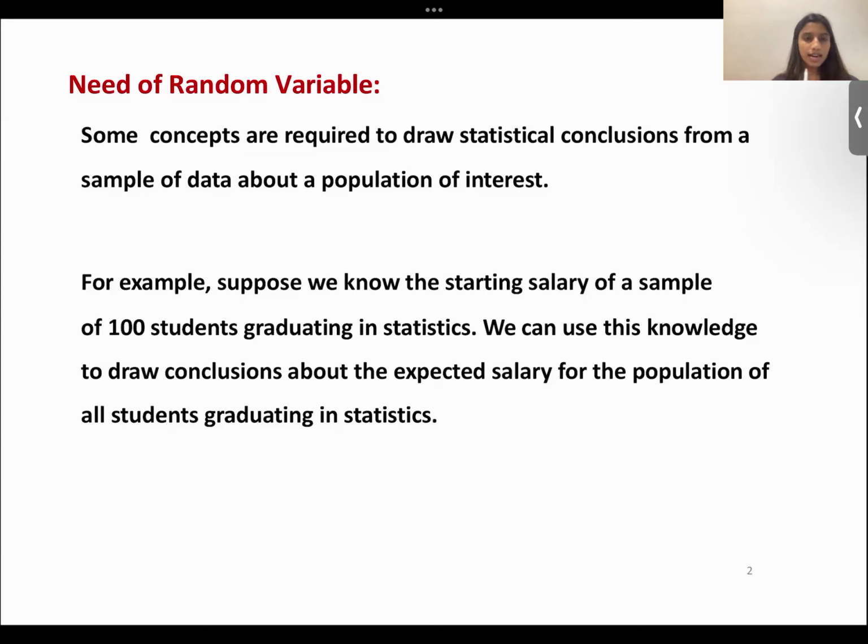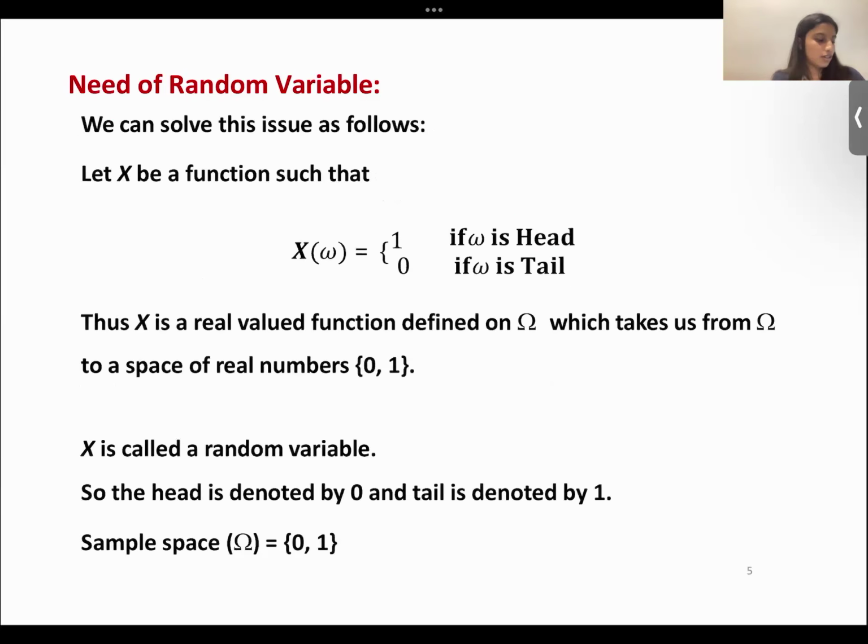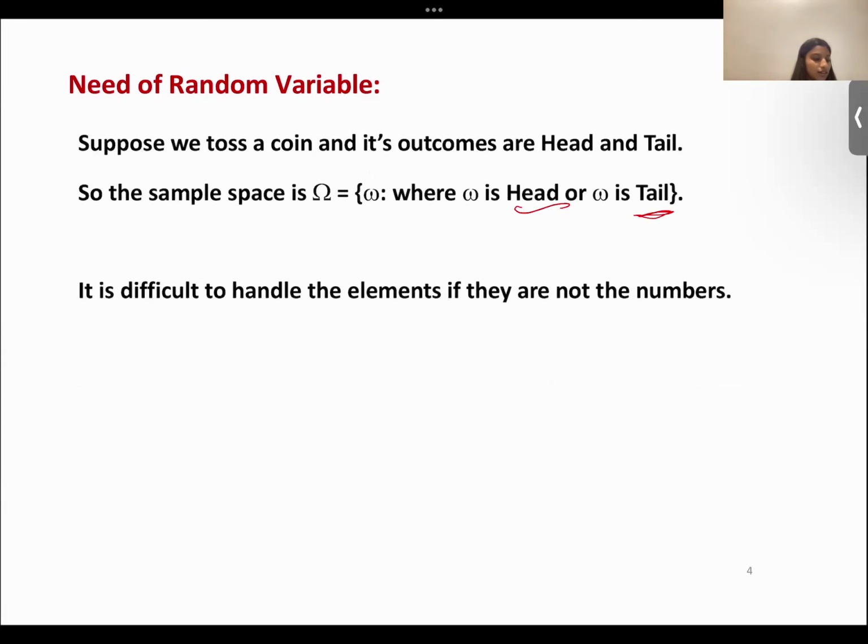So when you want to compute statistics, you need numbers like 0, 1, and 2. Like when you have these values like head and tail, you cannot feed this into your algorithm computationally. Your algorithm cannot compute what is head and what is tail. So you need to assign these head and tail to some numerical value.